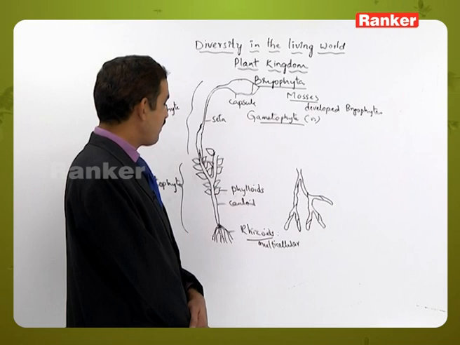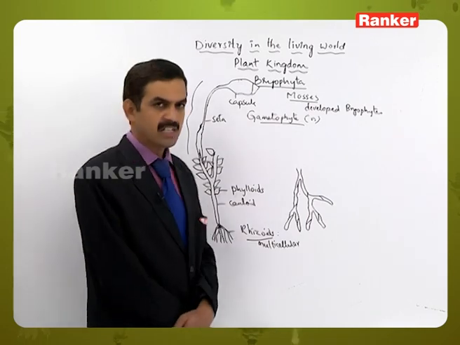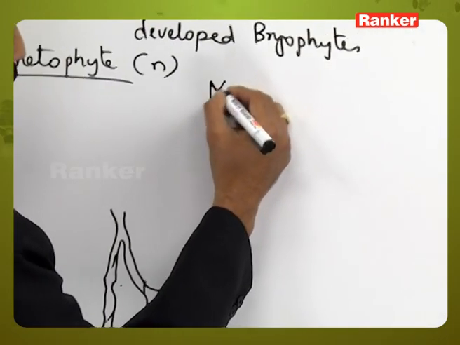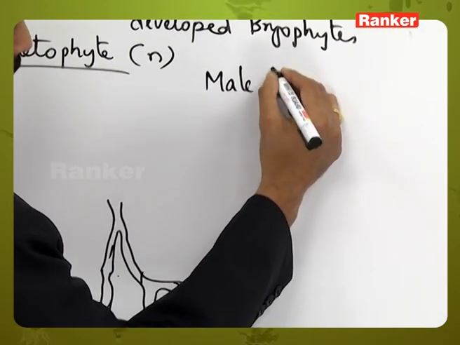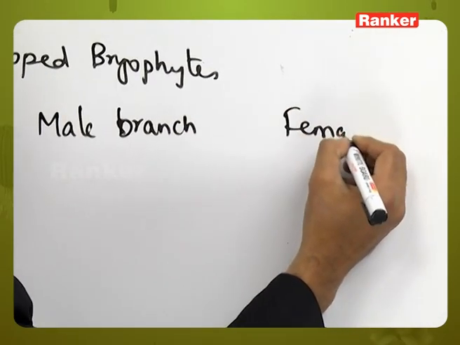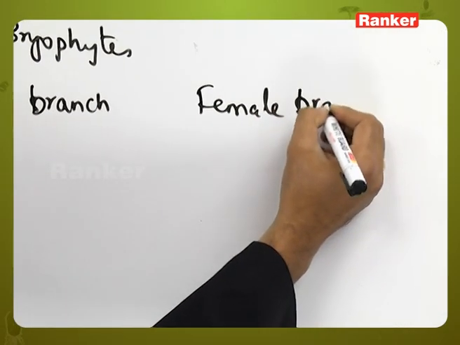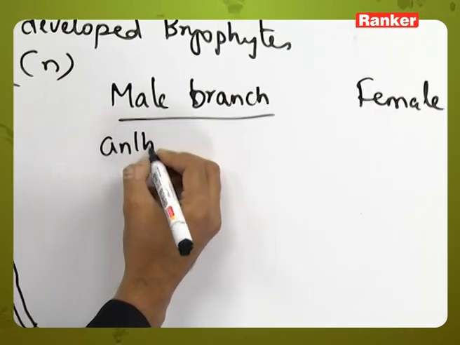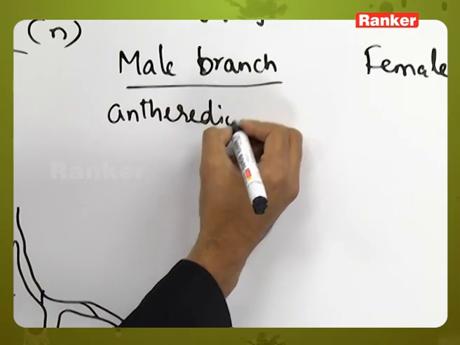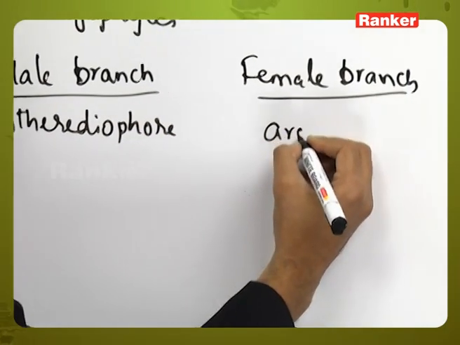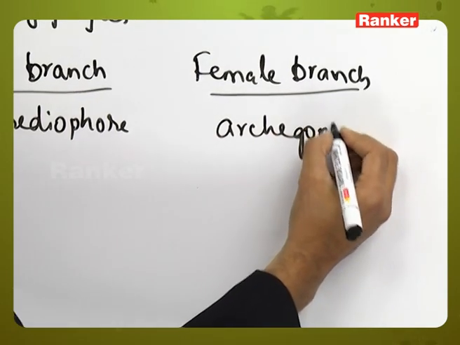Then this gametophyte, when it participates in the reproduction, it produces two branches. Those are called the male shoot or male branch, and the female shoot or the female branch. The male branch is called antheridiophore, whereas the female one is called archegoniophore.